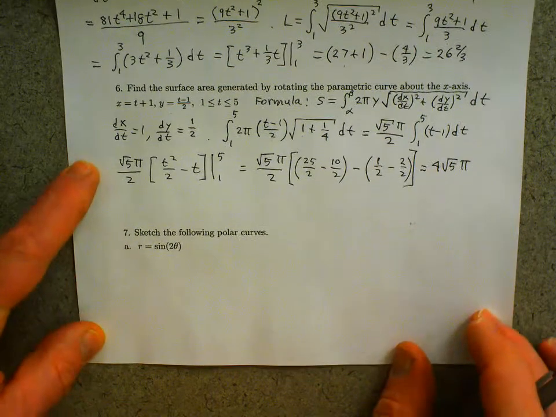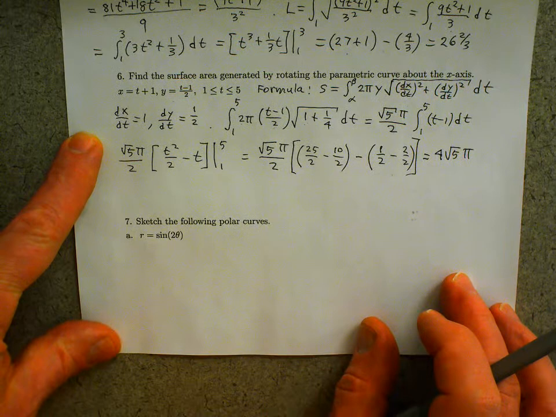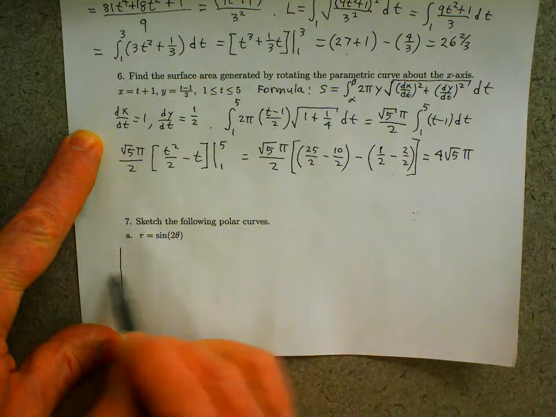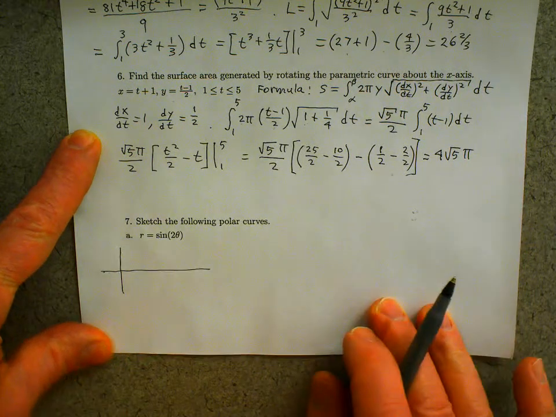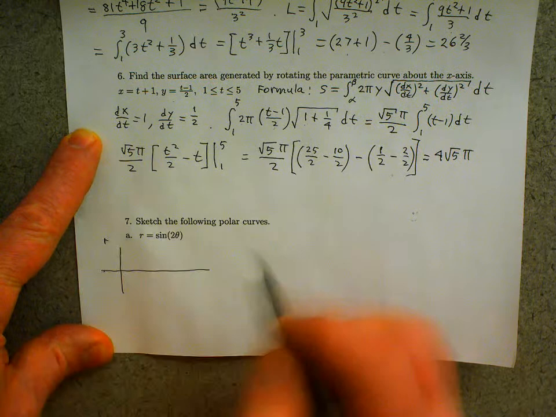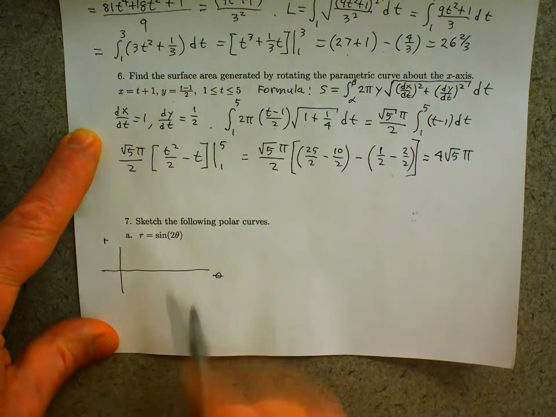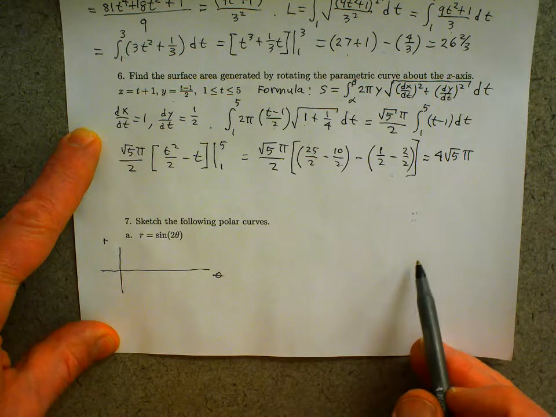But even if you don't know that, if you know the procedure, what we usually do is sketch the equation in rectangular coordinates first, and then use the rectangular coordinate graph to draw the polar curve.